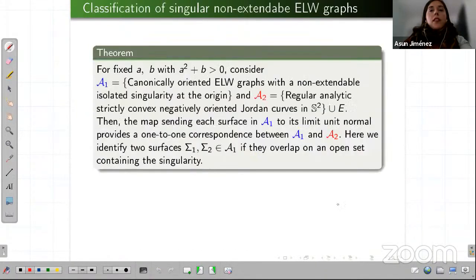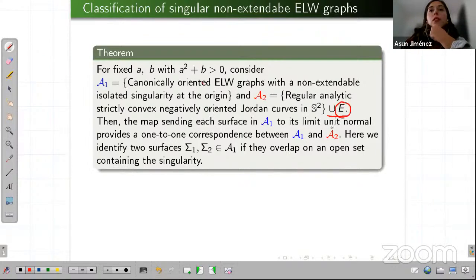So if you put together this result that I have presented before and all the asymptotic study we have done previously, you can enunciate the classification, which is something like that. If you have an elliptic linear Weingarten graph with a non-extendable isolated singularity at the origin, you consider this class for fixed A and B, and you consider A2 the class of regular analytic, strictly convex, negatively oriented Jordan curves in the sphere, joined with the equator.